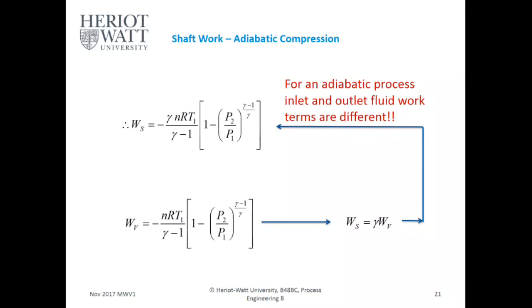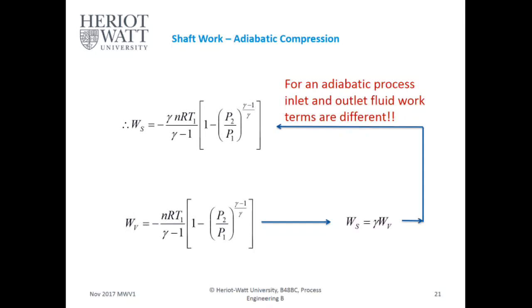Last slide, I think. For an adiabatic process, the inlet and outlet fluid work terms are different. So the shaft work equals minus gamma over gamma minus 1 nRT. From the previous equation, P1 V1, you insert nRT, times 1 minus P2 over P1 to the power (gamma-1)/gamma.